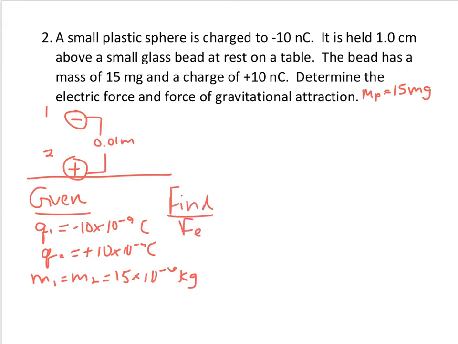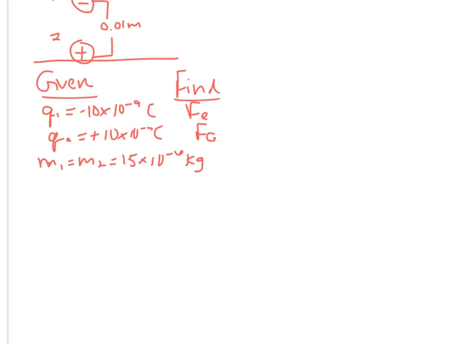We're looking for the electric force and the force of gravitational attraction. Let's start with the electric force. Fe equals K Q1 Q2 over R squared. They're both 10, and again, we're ignoring the negative.